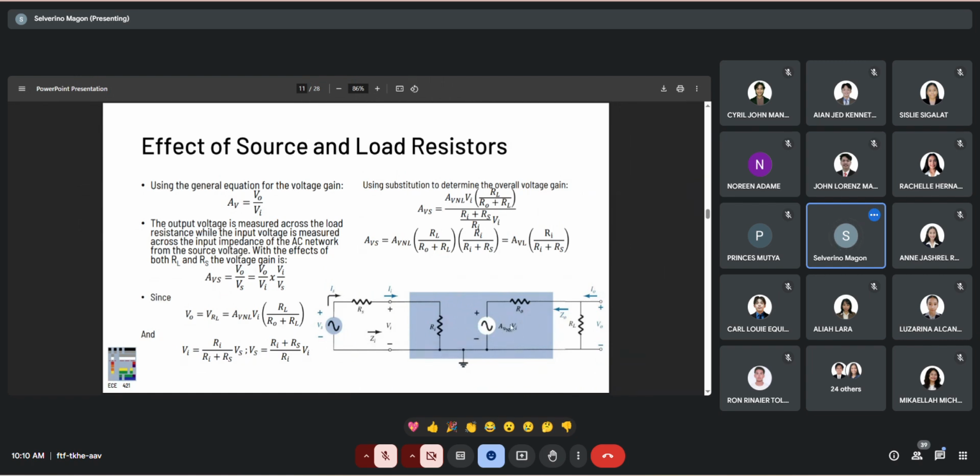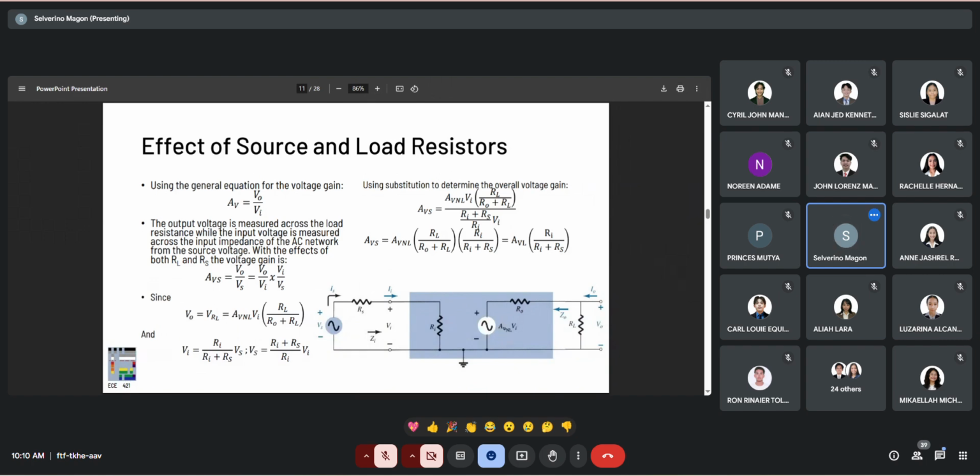VS is equal to RI plus RS over RI times VI. So we just reverse this thing to be able to come up with the AVS figures. Using the substitution, we substituted the no load VO here and the VI here.